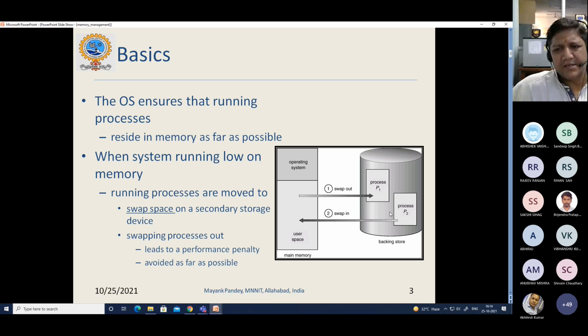We have 4 GB, 8 GB, 16 GB of main memory, but a full operating system itself is nowadays more than 15 or 16 GB. So the operating system is not brought fully into main memory from scratch.